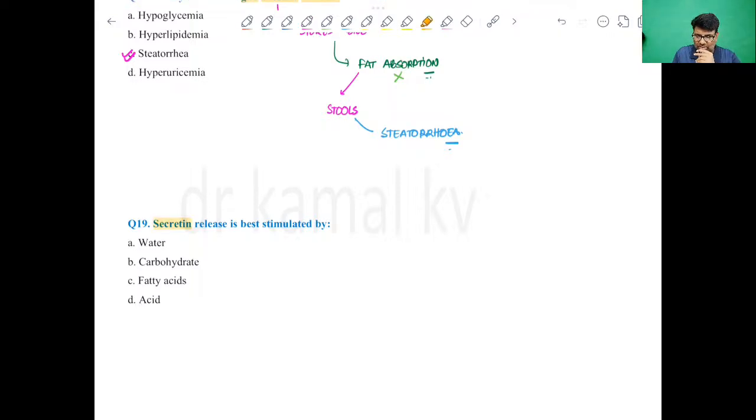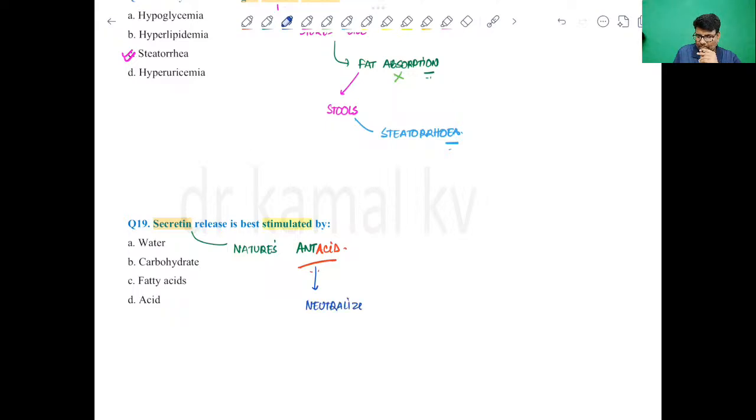Then next question is about secretin. Now what is the best stimulus for release of secretin? Secretin is also known as nature's antacid. So as the name suggests, what is the function?